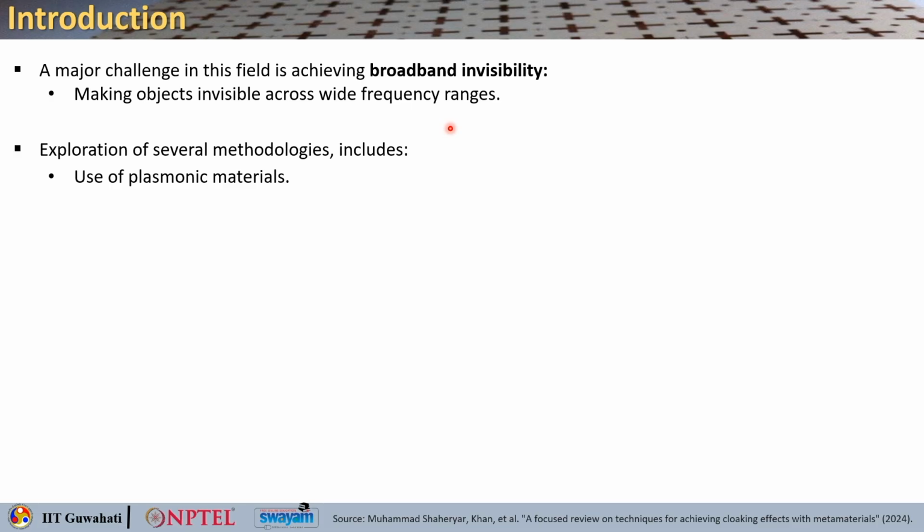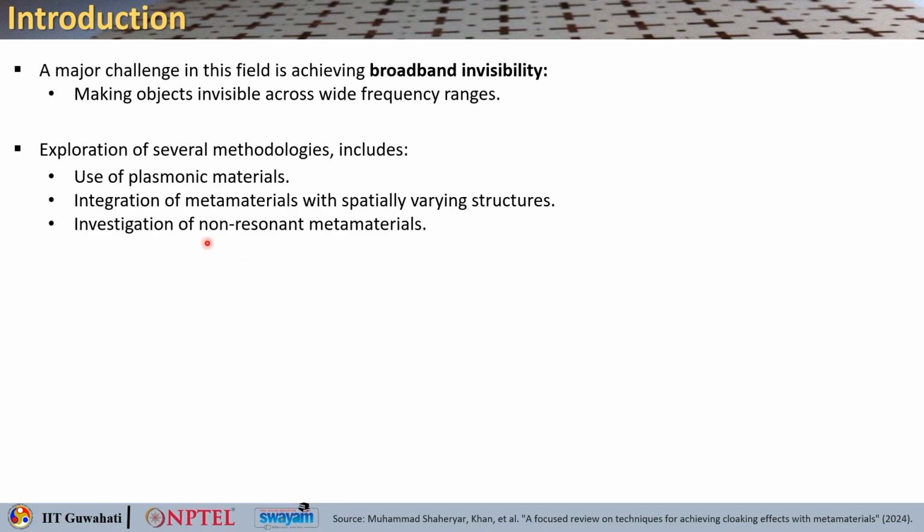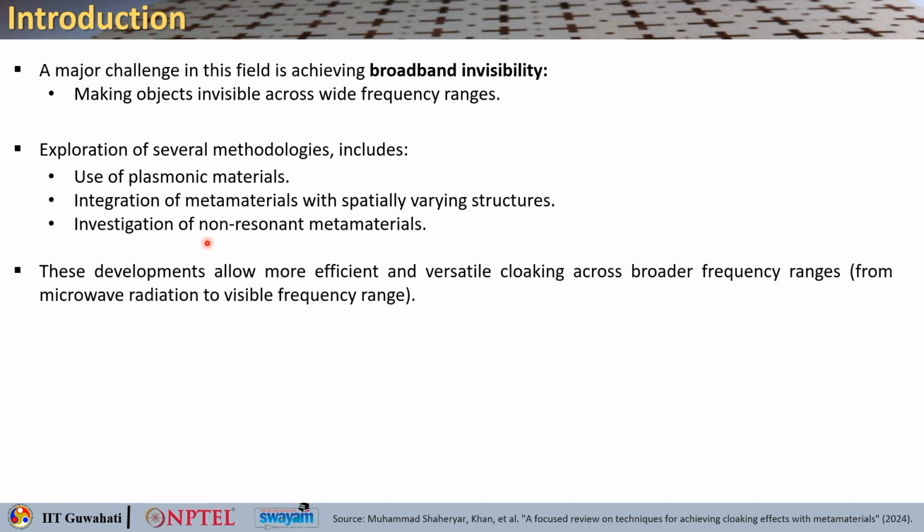So, people have explored different methodologies such as use of plasmonic materials, integration of metamaterials with some spatially varying structures, and also investigated non-resonant metamaterials which are broadband in nature. So, these developments have basically allowed more efficient and versatile cloaking across a broader frequency range, typically from microwave radiation to visible frequency range.